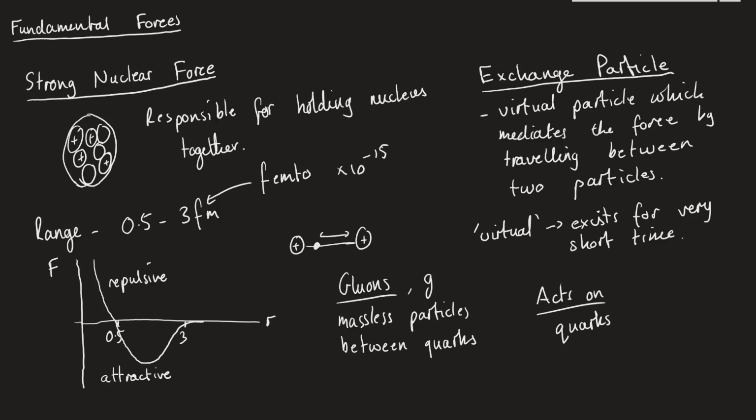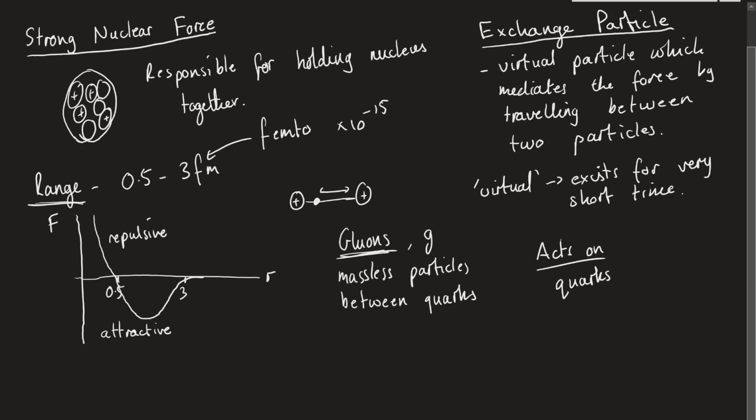It has to be in what we call a colorless system. But this is what we know about the strong nuclear force. So the key important things: we need to know the range, we need to know the exchange particle, gluons, we need to know this graph, we need to be able to recognize that this is what happens between this region. We need to know what it acts on, but there is a little bit of extra information here.